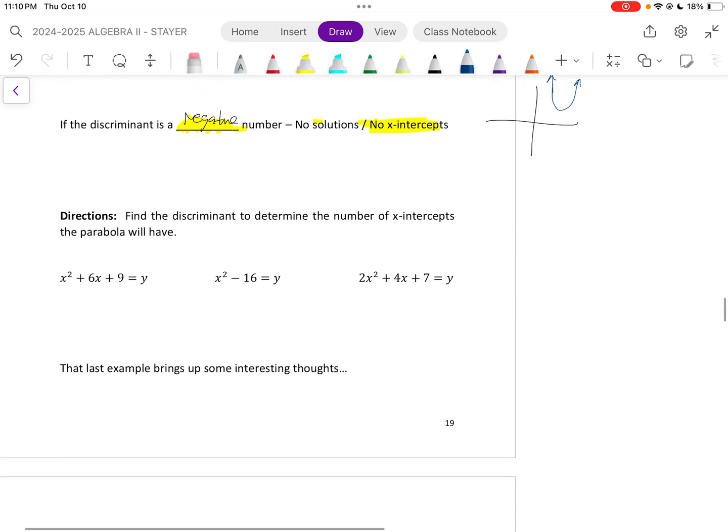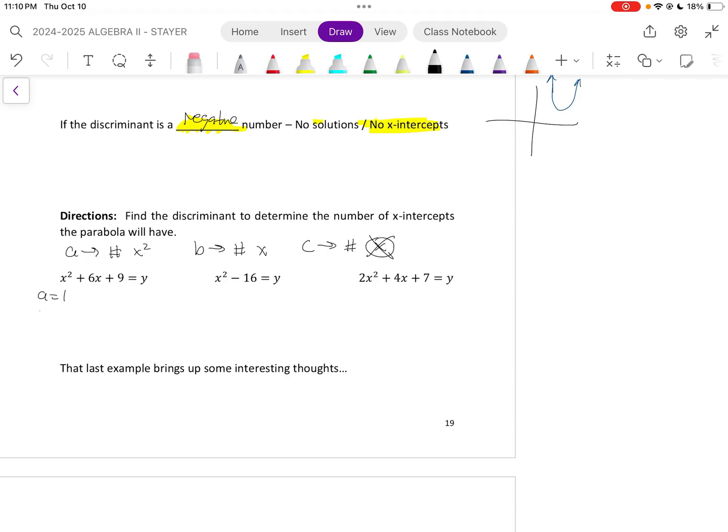So if we're going to find the discriminant of these 3 to see how many x-intercepts each will have, now remember, A is always the number with the x squared. B is always the number with the x. And C is the number with no x's. So here we go.